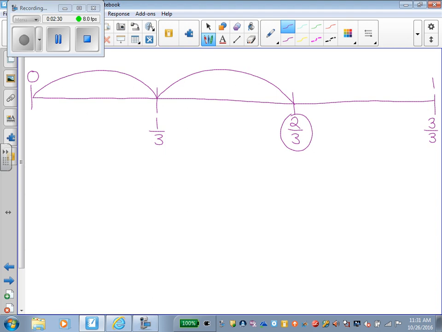Who can tell me what addition equation I have just modeled on this number line? Talia. 1/3 plus 1/3. How did you know that I had just modeled 1/3 plus 1/3?